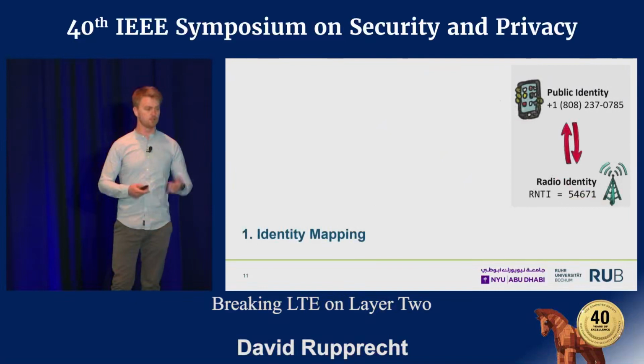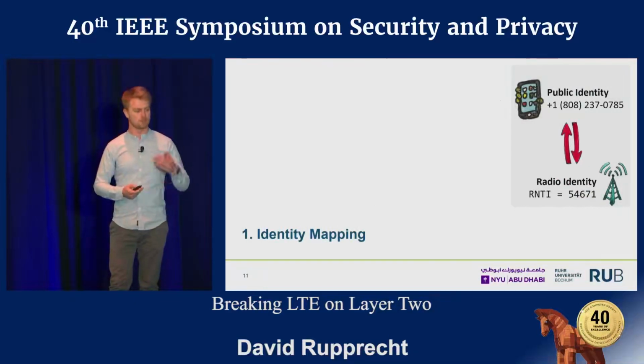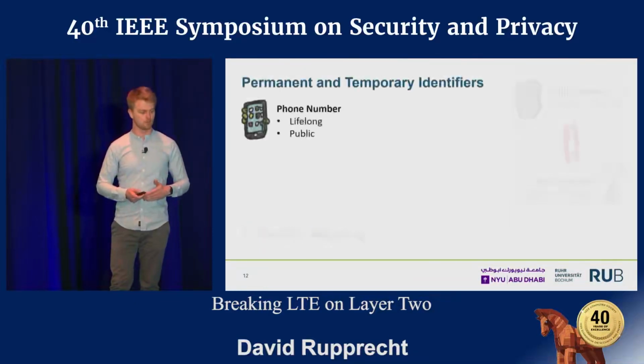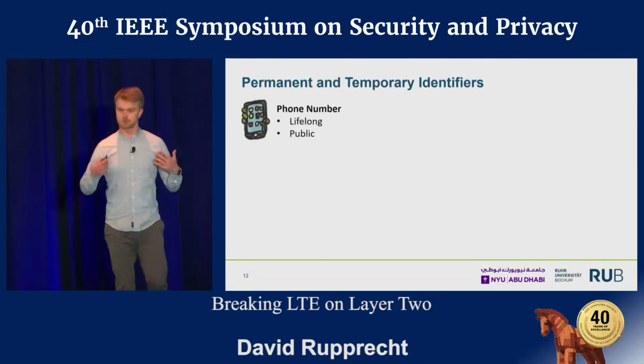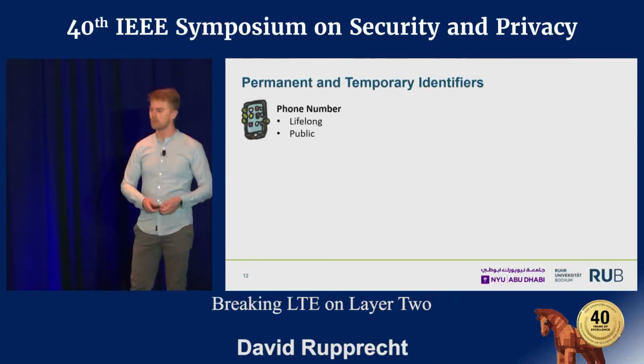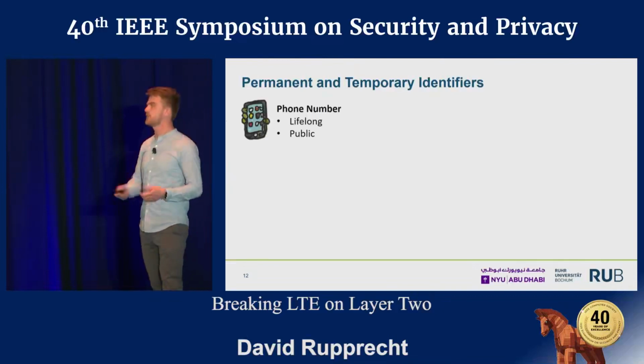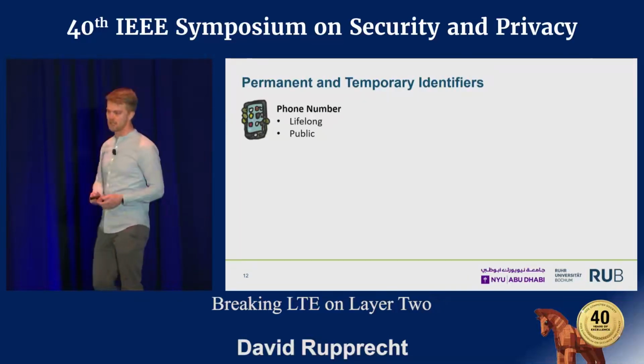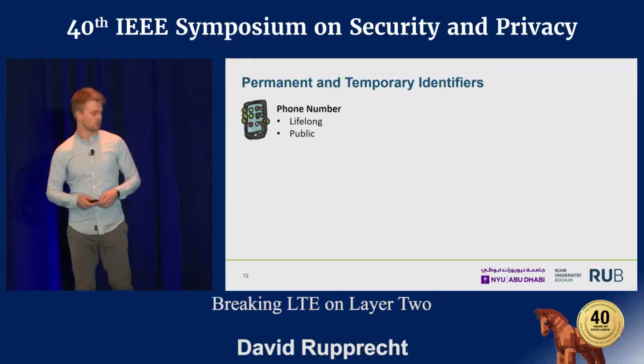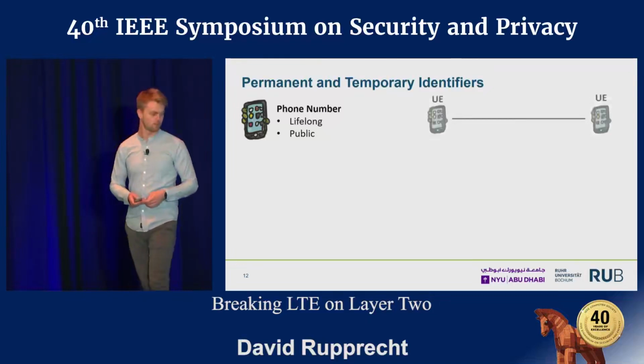This allows us to use a public identity to map down to the radio identity. We have several different identities in LTE. First, we have the public identity of the victim, for example the phone number of your friend, and it's basically lifelong. You might change it, but you will at least give your friends your new phone number.